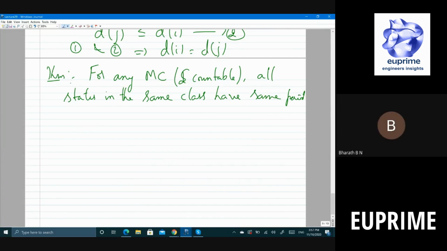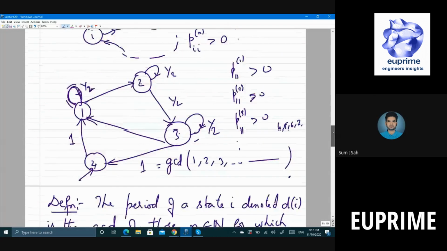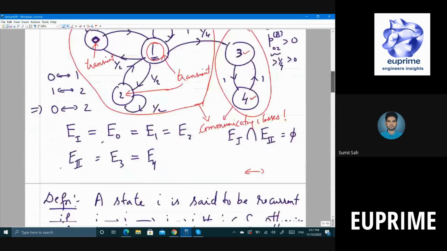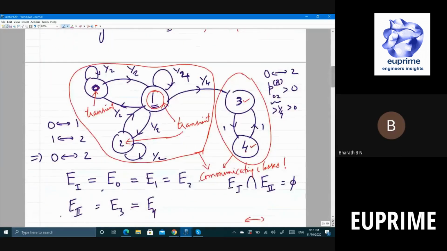Is it correct to say that it is infinity, it will never come back? Not really, right? We can't define it like that. For example, if you look at state 1, starting at 1, I come back to 1 in one step with probability 1 by 4.